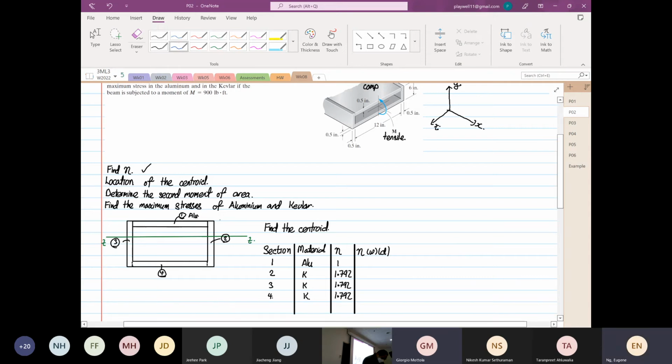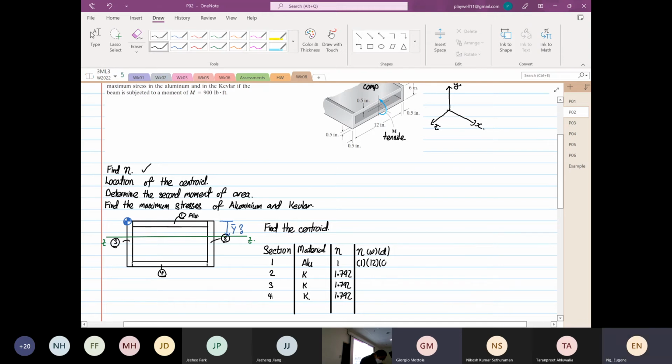Our analysis for today, we're going to start from the top as our reference, and we want to find what is our Y bar. Okay, so the datum is from the top. Then we carry on. Our N is 1. For the aluminum, the width is 12.